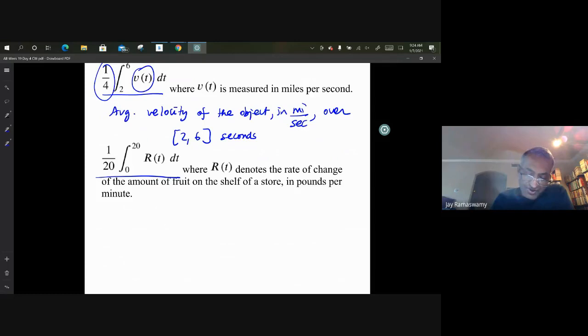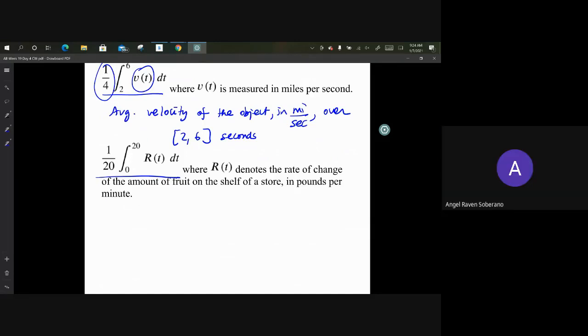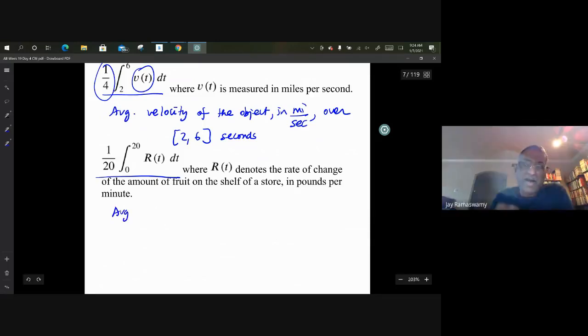Okay, Sobrano, have a shot. It denotes the average rate of change. Again, are you even paying attention? Why are you writing average rate of change?